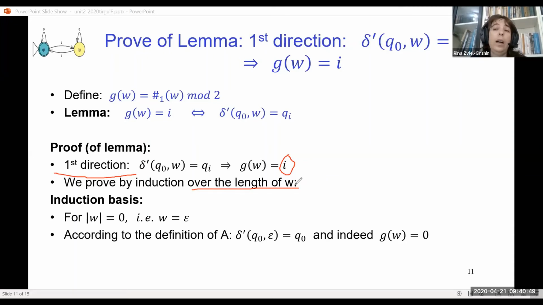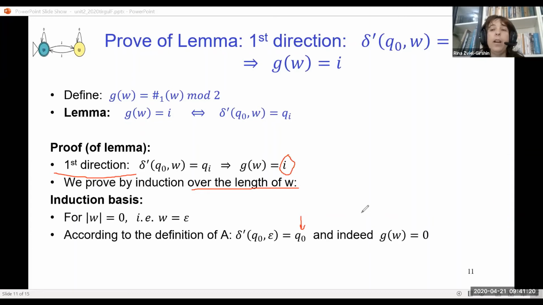So I start with the induction basis. I choose the empty word, epsilon, and I claim that the number of ones in the empty word is 0. And if the number of ones in the empty word is 0, then I finished reading the empty word in state Q0, which is an accepting state.